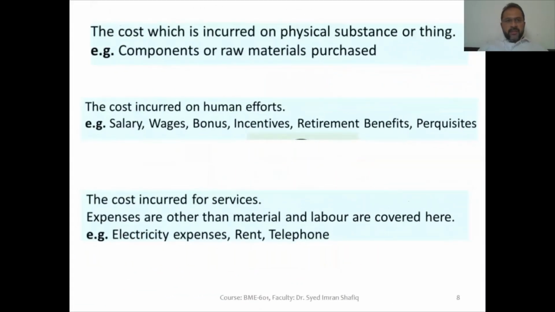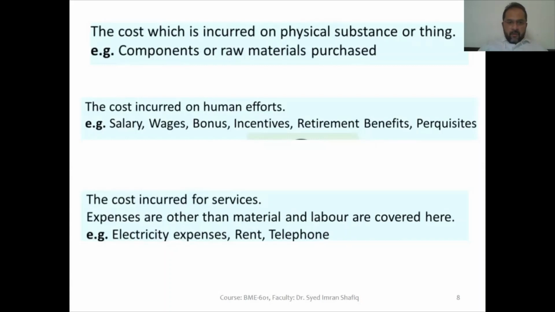So, to summarize, the cost which is incurred on a physical substance or a thing, for example, components, raw material, is the material cost. The cost incurred on human efforts, for example, salaries, wages, bonuses, incentives, retirement benefits, and perquisites, is the labor cost.